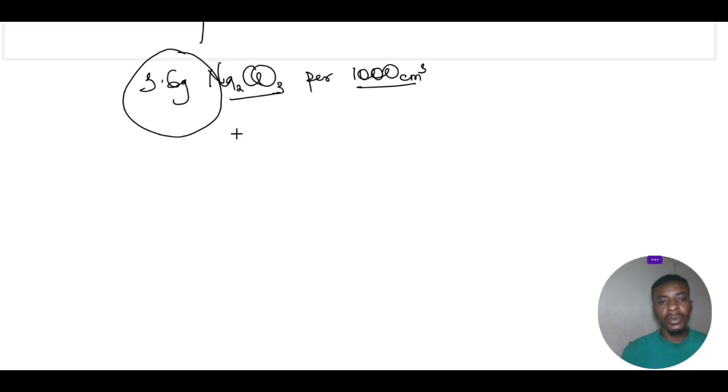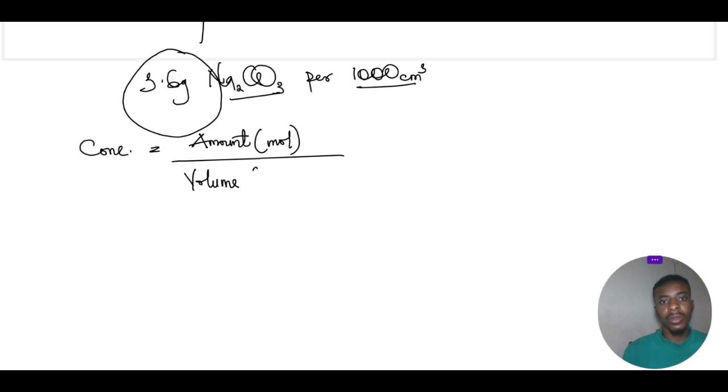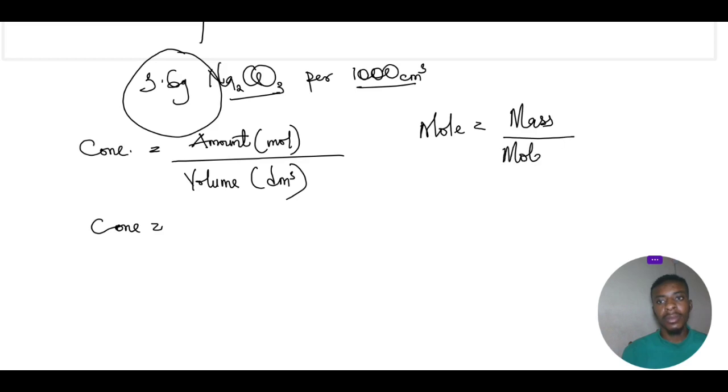You can use this formula to get the concentration of the solution: concentration is equal to the amount in mole over the volume of solution in dm³. So we are looking for the concentration by dissolving 3.6 grams of sodium carbonate in 1000 cm³. Amount in mole is equal to mass over molar mass.